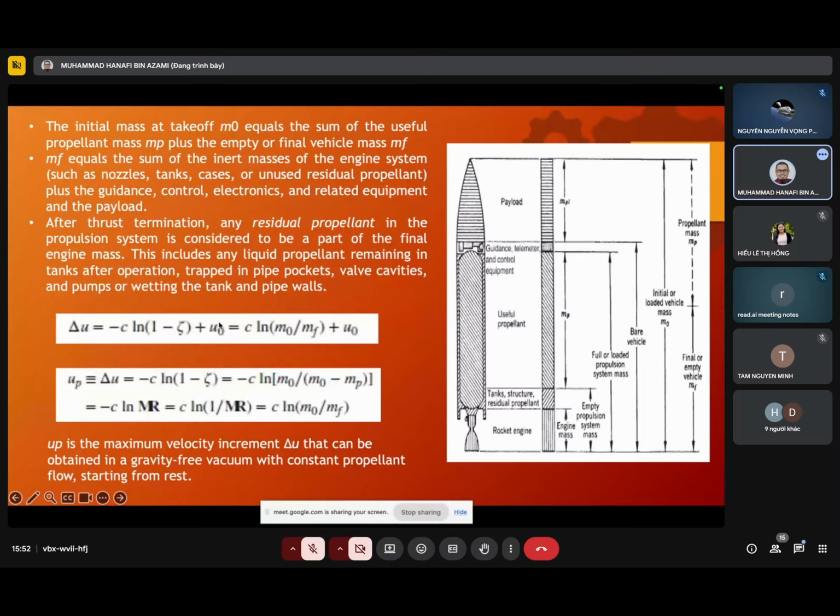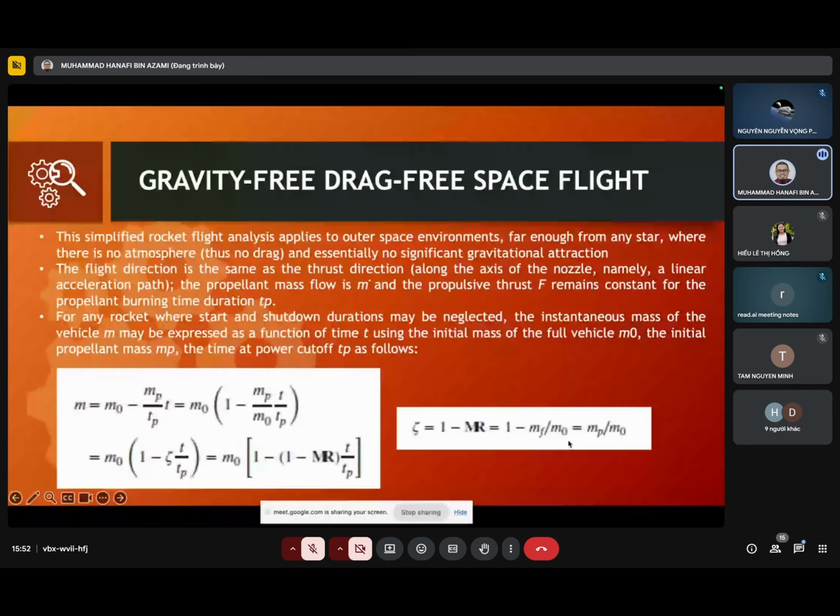Again, what is mp? Mass of the propellant. What is mr? Mass ratio. Mass ratio by definition is equal to mf over m0. Mf over m0 must be lesser than 1.